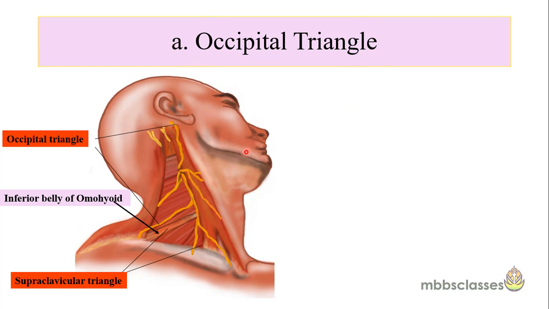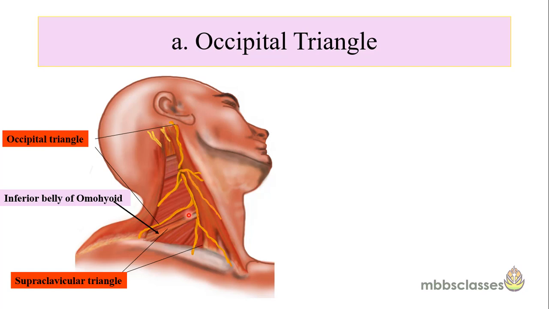As you can see in this diagram, it is the superior and the larger part of the posterior triangle. It is limited inferiorly by the inferior belly of omohyoid muscle, and the four muscles which form the floor of the posterior triangle are the same muscles which form the floor of the occipital triangle.